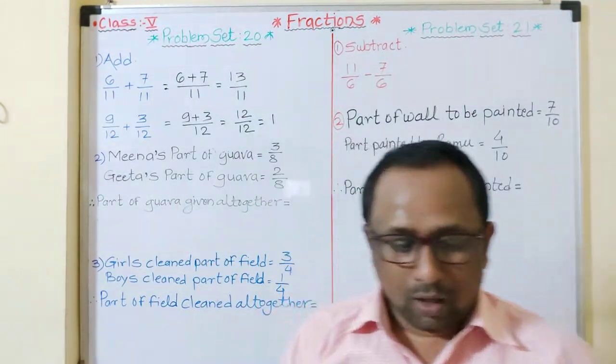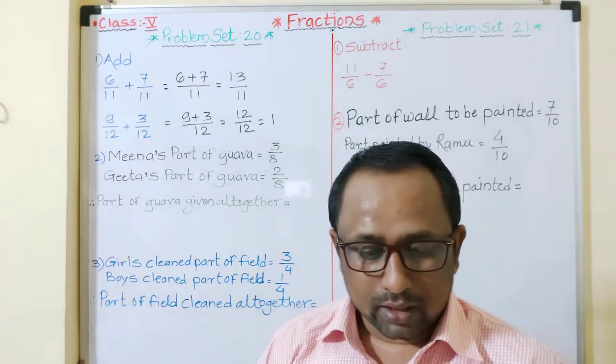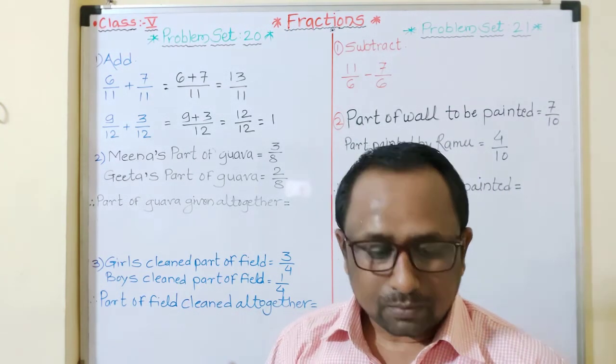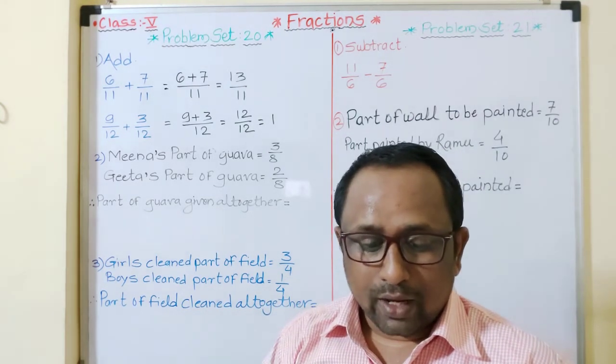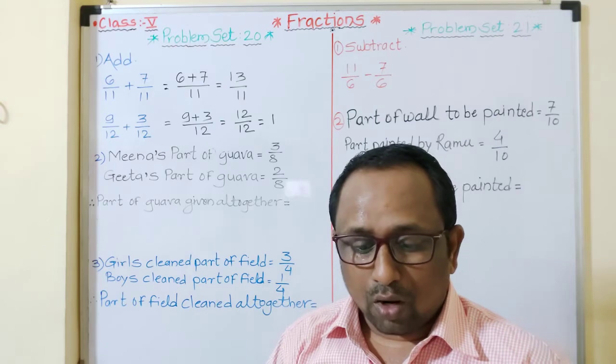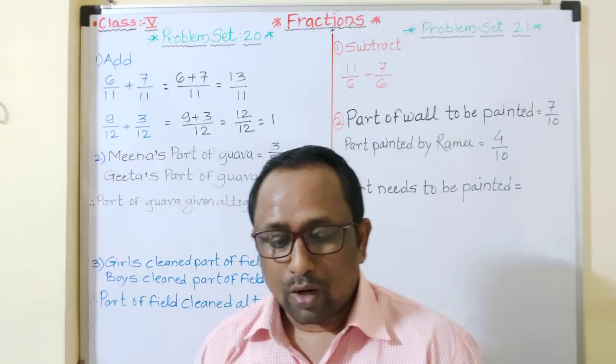Now students, we'll move to the second and third examples. These are word problems. The second word problem: mother gave 3 upon 8 of one guava to Meena and 2 upon 8 of the guava to Geeta.